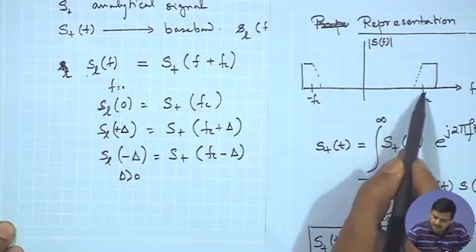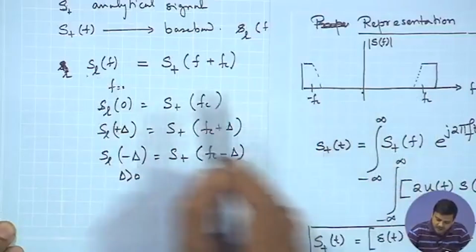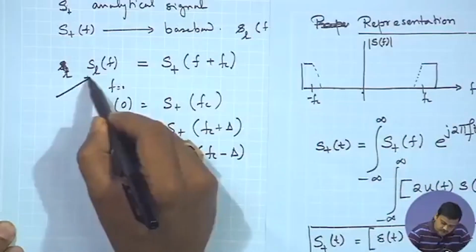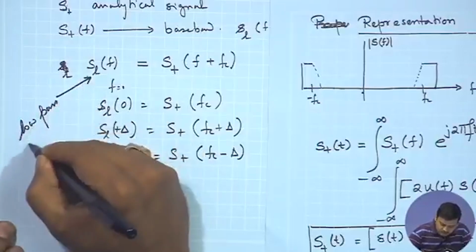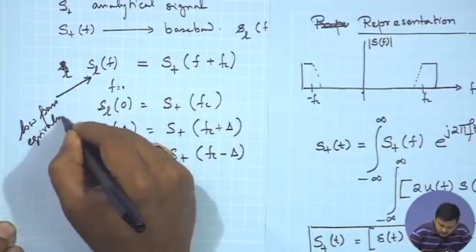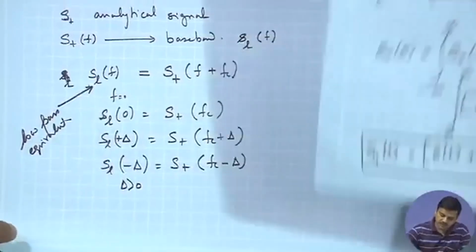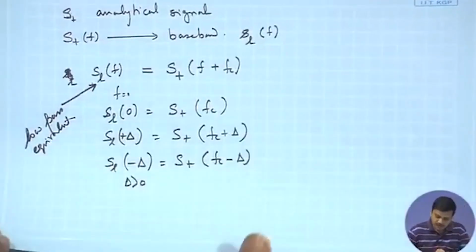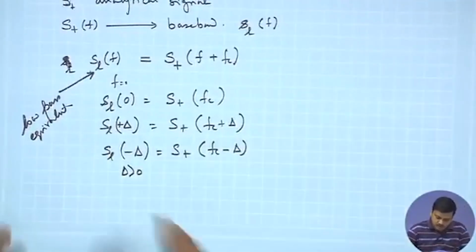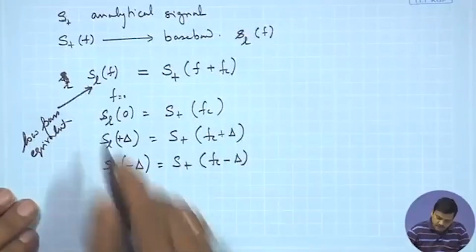It is basically bringing it down here, and accordingly we have used this notation L to represent low pass equivalent, right. That is an important relationship. Okay. So, that is what S_plus of S_L of f is.